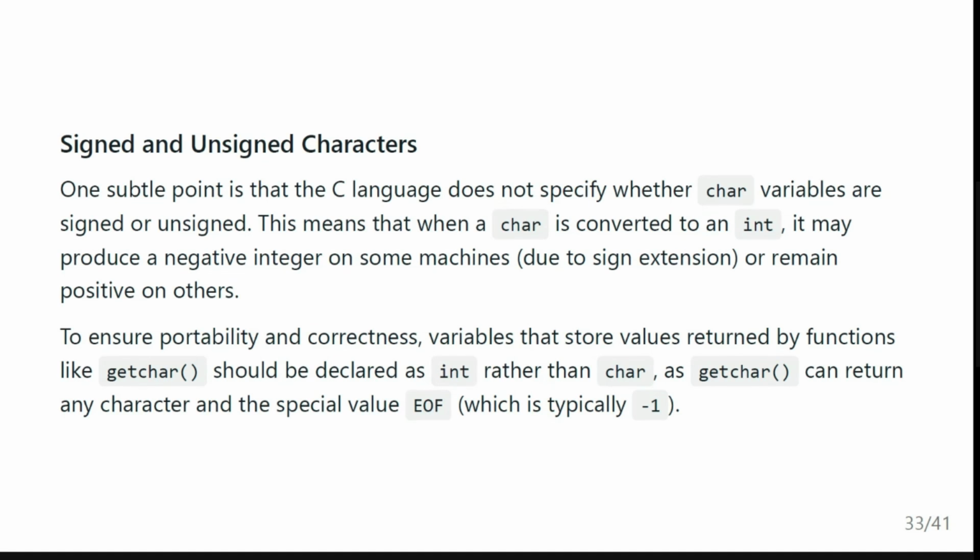So that is why, while we're storing the character number, we always store them into an integer directly, just to avoid the difference between different machines and how they convert those characters into integers.